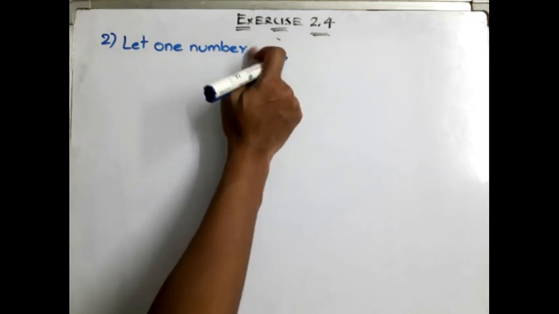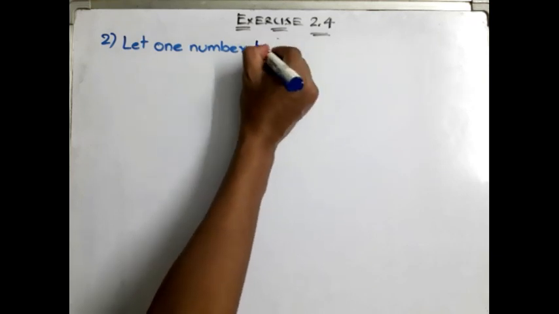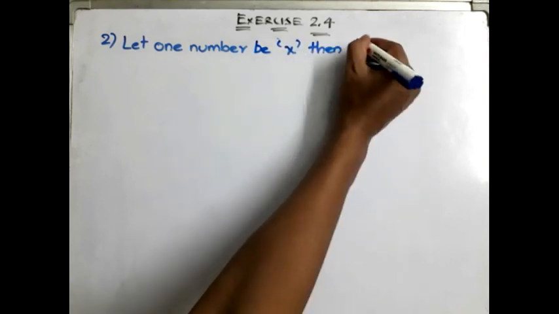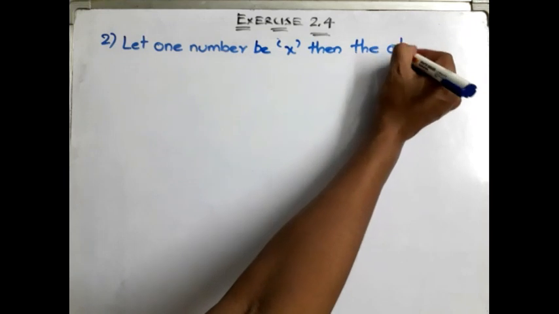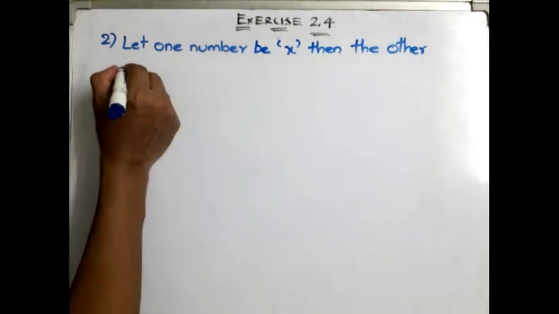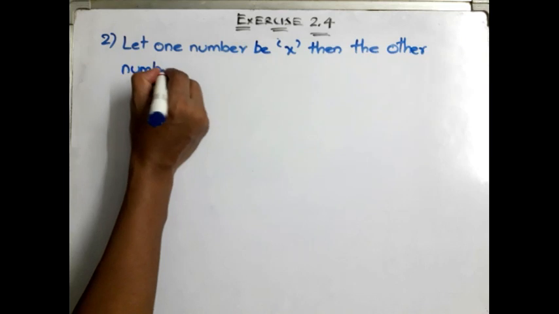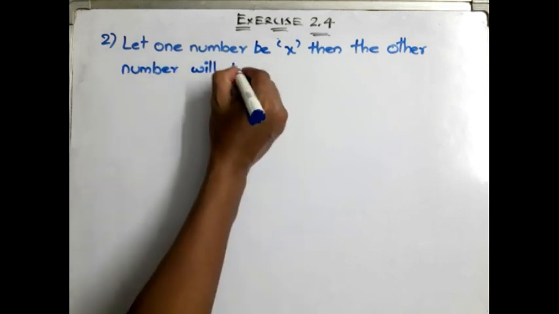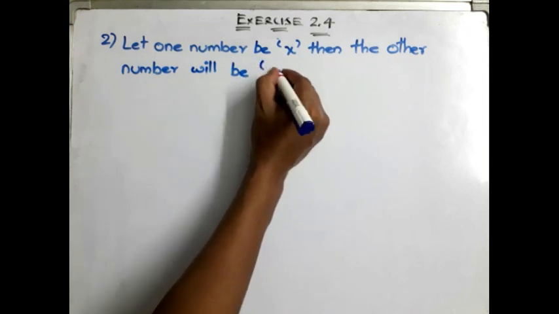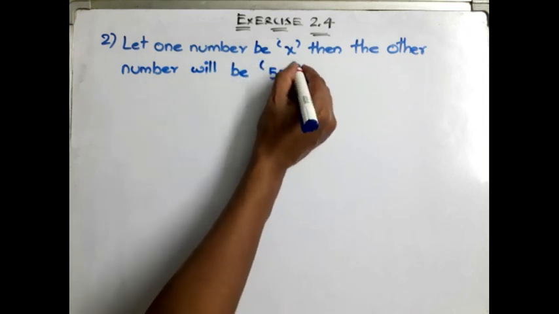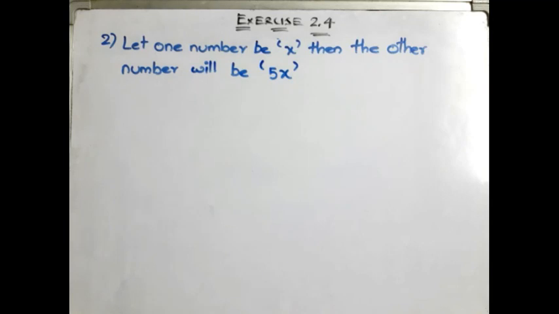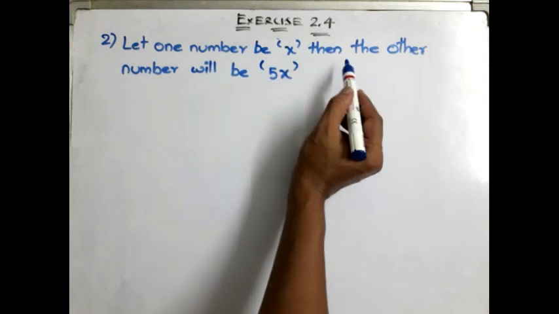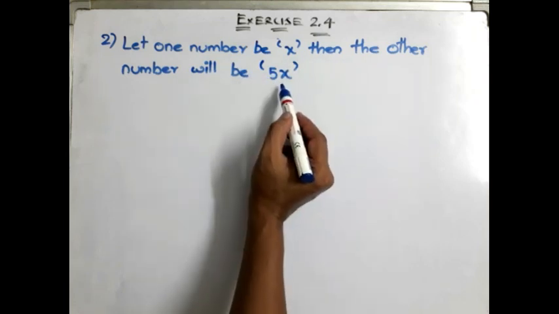Then the other number will be, as they told, 5 times x. 5 into x gives us 5x. Hope you are clear with the first statement of the question. If we take one number as x, then the other number will be 5x.